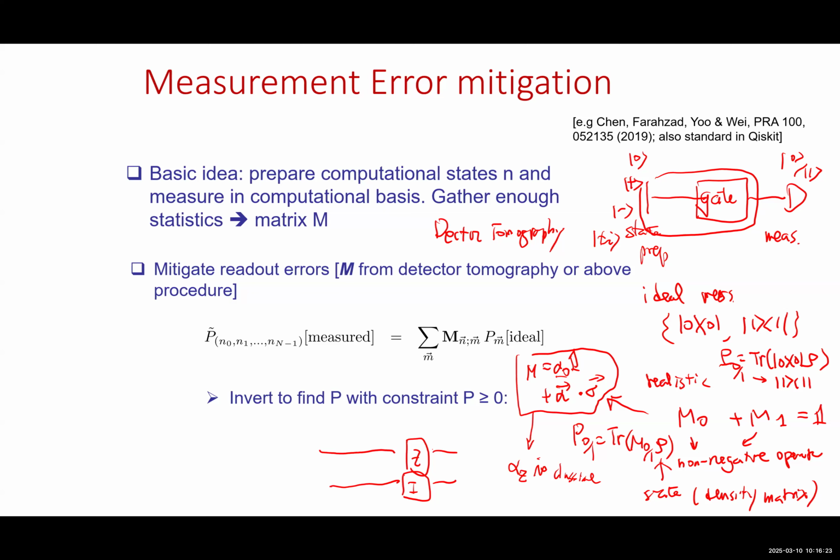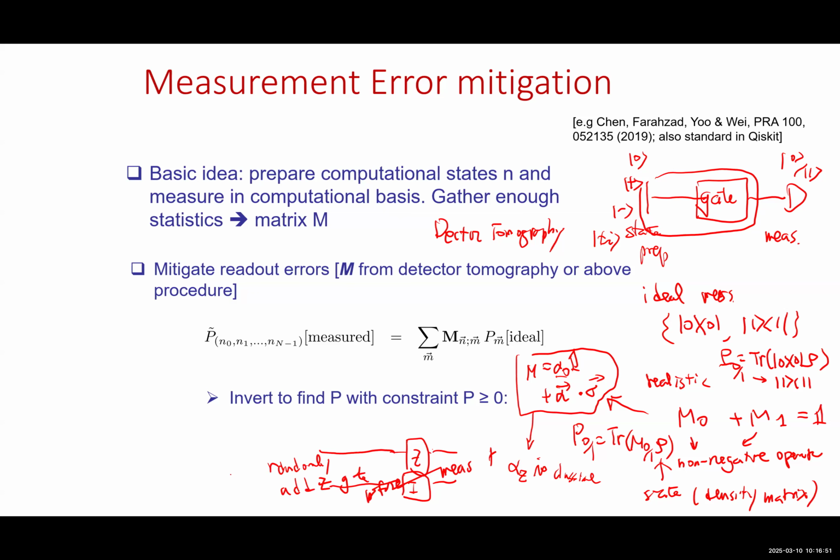Yeah, I'm not giving more detail than this. This is a way to randomly add a Z gate before measurement.